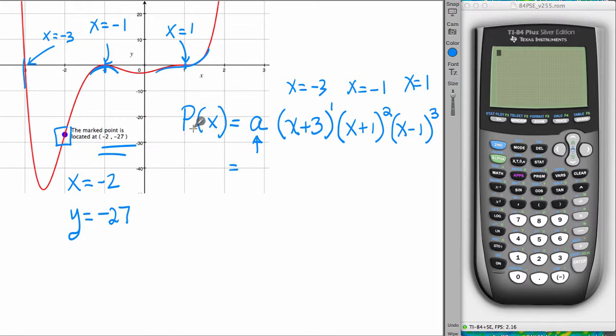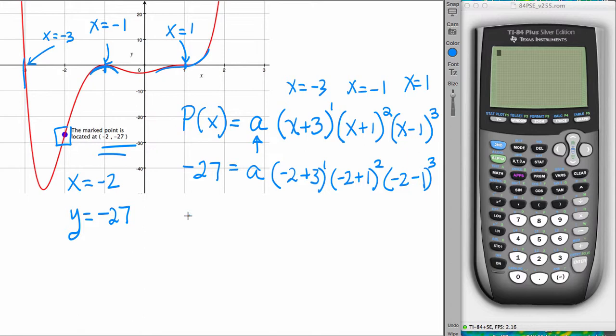So p of x, that's the y value, is -27. We don't know a. X is -2. -2 plus 3 will be raised to the first. -2 plus 1 will be raised to the second, and -2 minus 1 will be raised to the third.